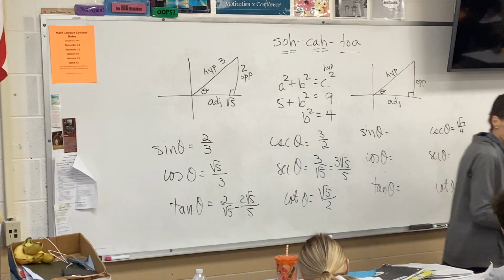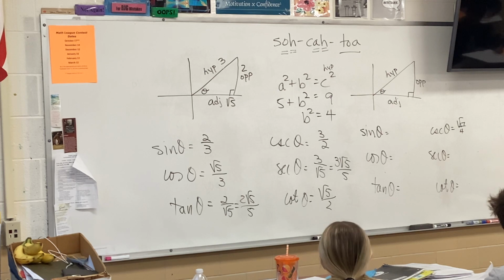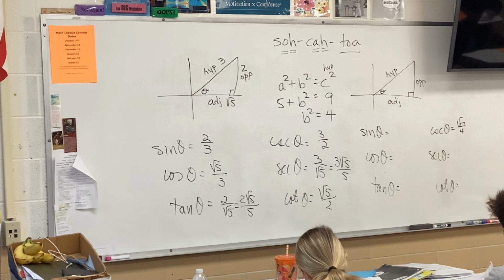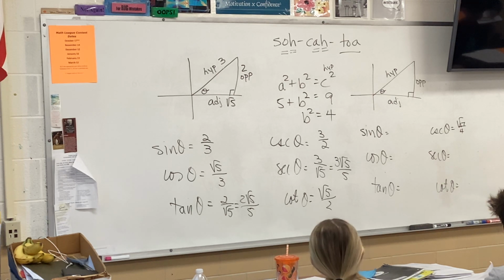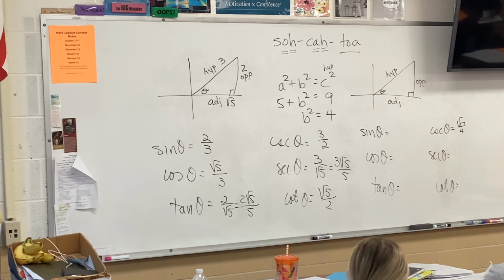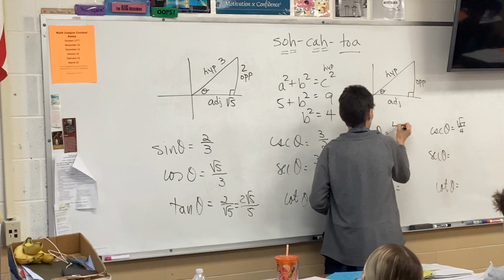Now, this time they gave me the cosecant. What's cosecant? I heard somebody say it, hypotenuse over opposite, because it's the flip of the sine.